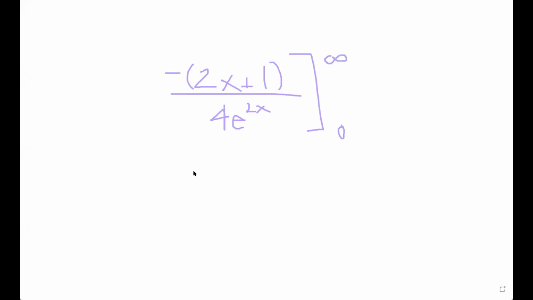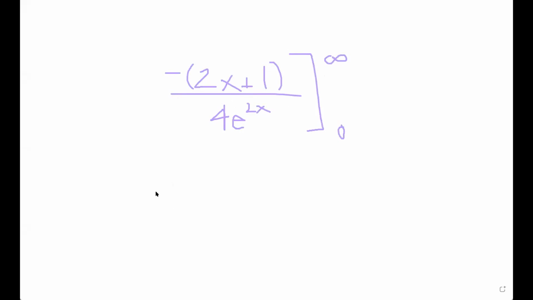So what I got was negative 2x plus 1 over 4e to the 2x, and I checked and this was correct. Yep. And then when you plug in 0 to infinity, it would be the limit as that goes to infinity, which I'm confused why that's not infinity.